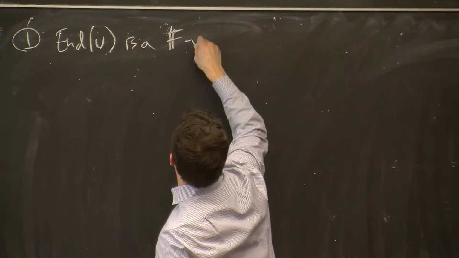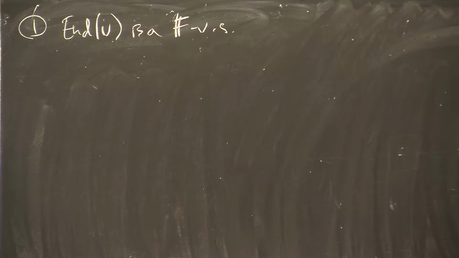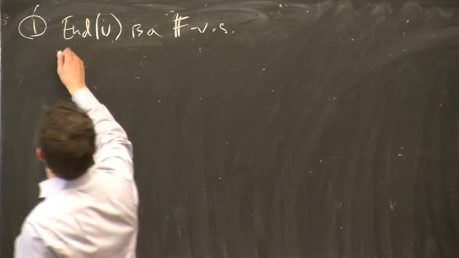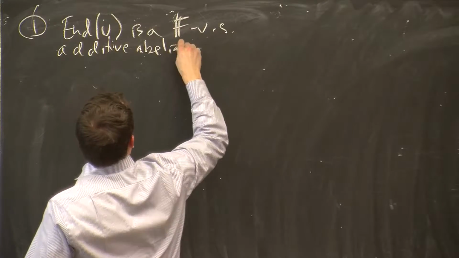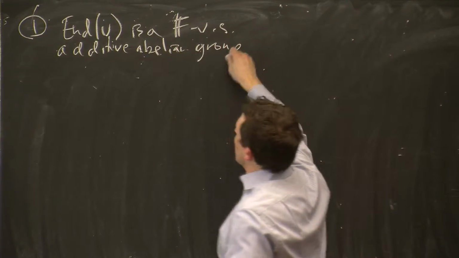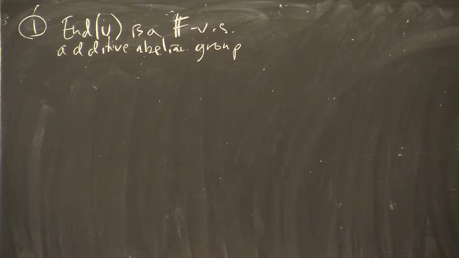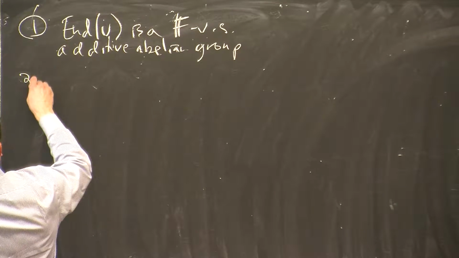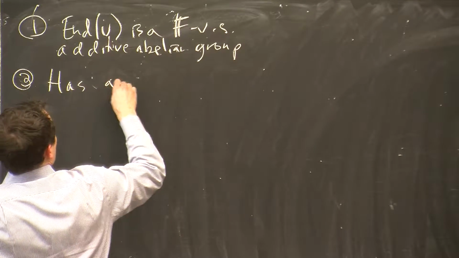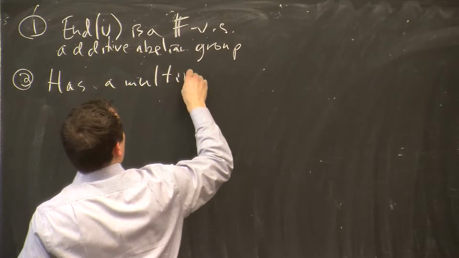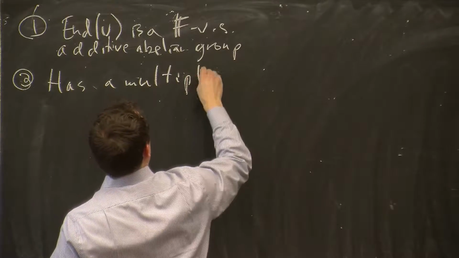It's an F vector space, if F was the field over which V was a vector space, in particular, it's an additive abelian group. And we know how to do addition and scalar multiplication, and we have a 0, right? But it has something new. It has a multiplication now, which is the composition of functions.